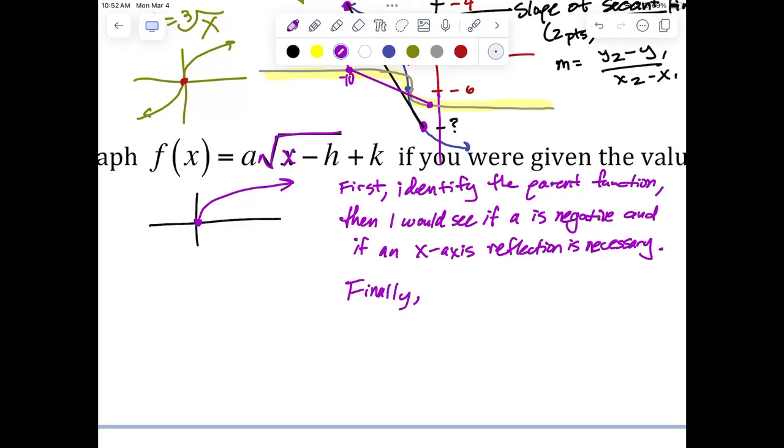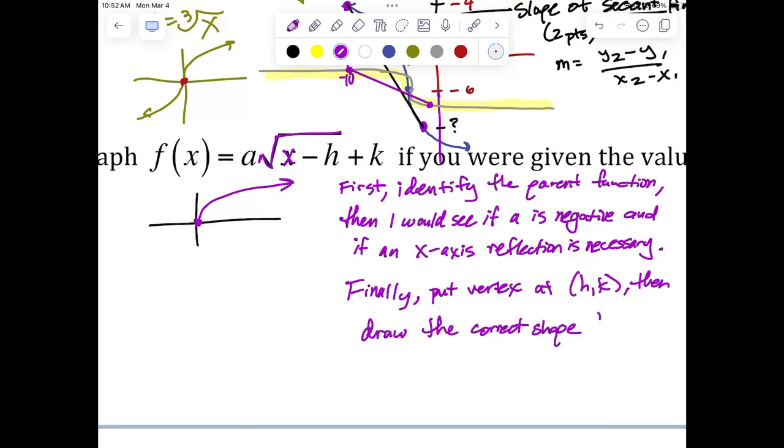So finally, put the vertex at the point H, K, then draw the correct shape from that point. That should pretty much be it, don't you think? Yeah. And we've done that already with actual numbers, so we know how to do it.